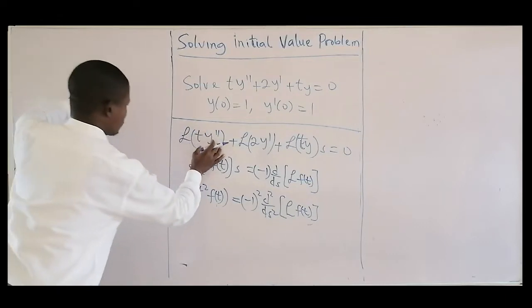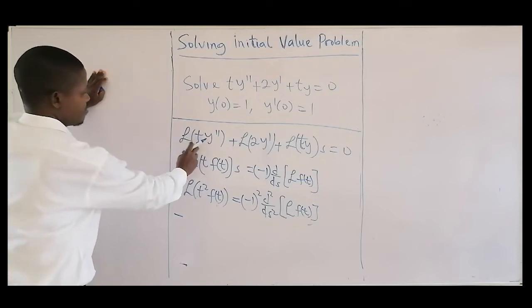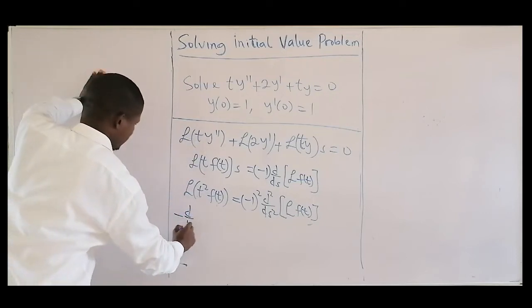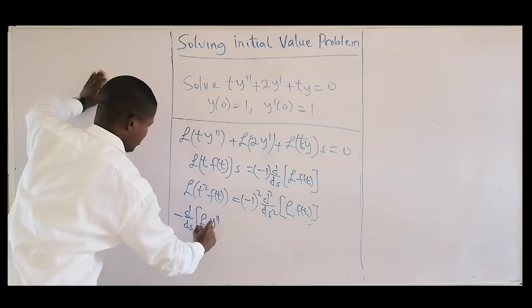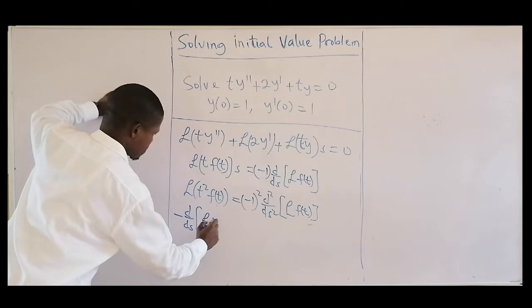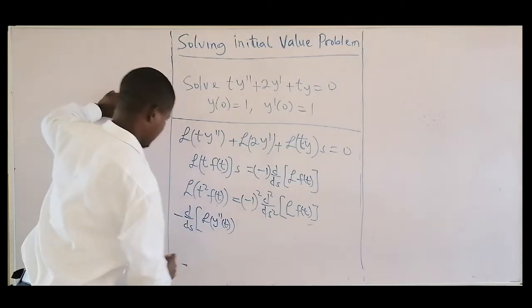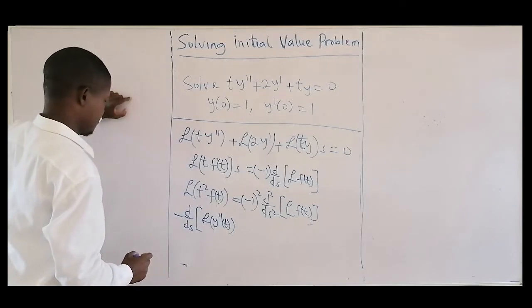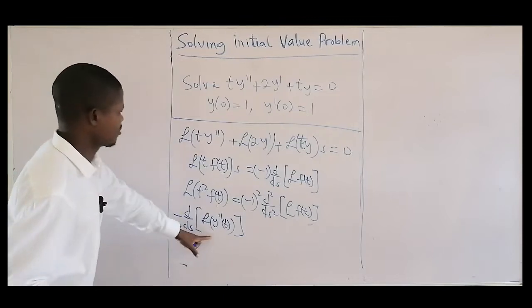So this will now become minus d/ds of the Laplace of the second differential of y as a function of t. That one is done; we'll write the expression later.